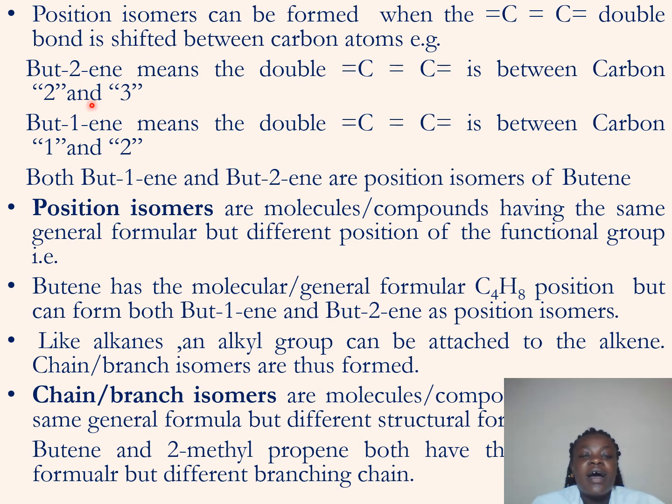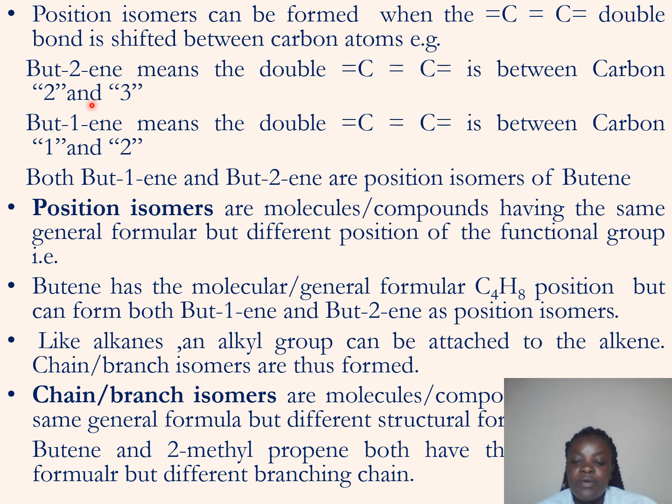Then alkenes also form isomers. They form 2 types of isomers, what we call positional isomers and chain isomers. So position isomers are formed when you shift the double bond. If you move the double bond from carbon, let's say it was but-2-ene, then you move the double bond to carbon between 3 and 4.